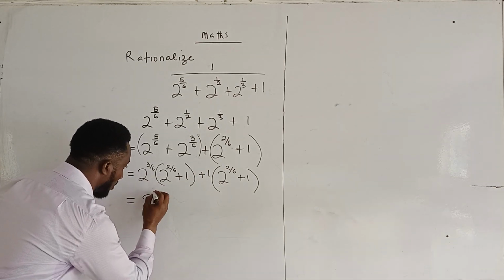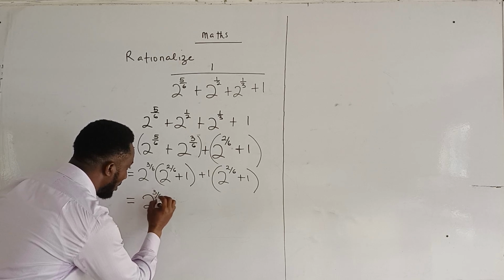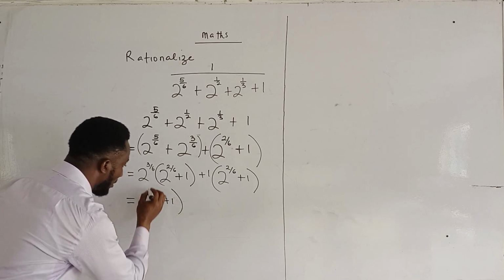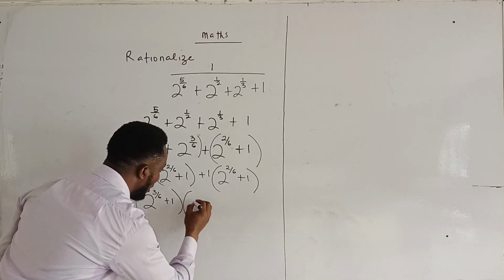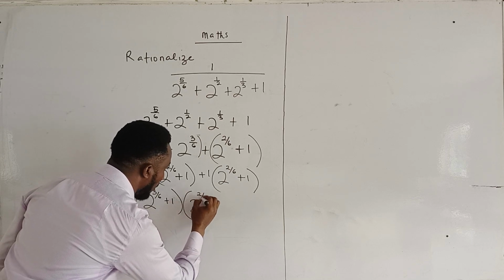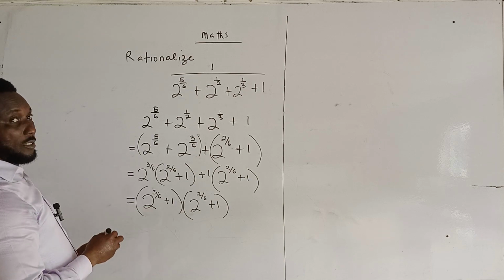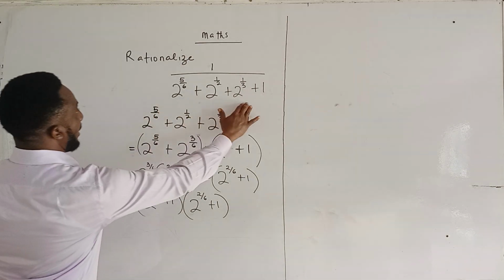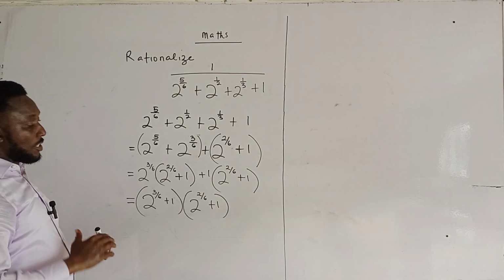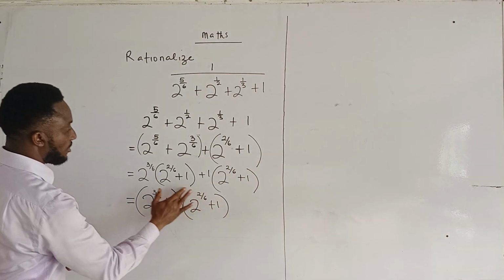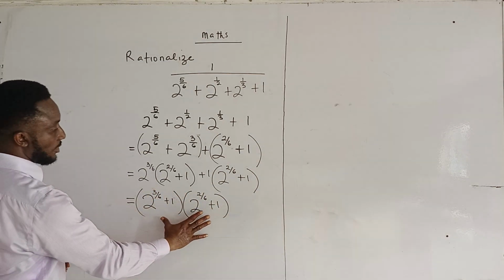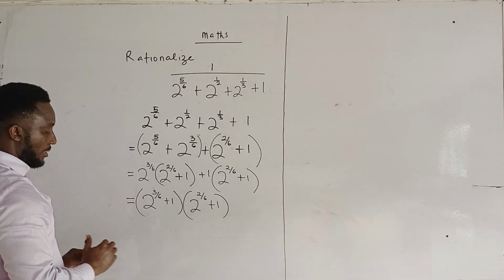I'll write 2 to the power of 3 on 6 plus 1 in one parenthesis, then 2 to the power of 2 upon 6 plus 1 in another parenthesis. So this radical expression here that has very complex exponents, these are the factors. So these are the surds which are to be rationalized.